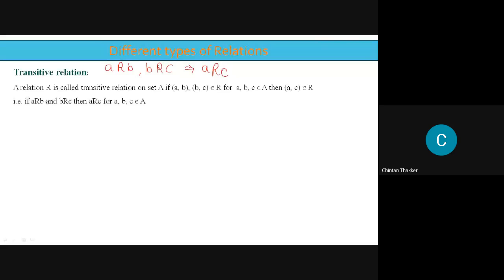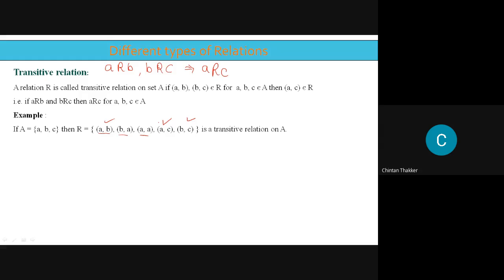So here we have our example: R equal to {(A,A), (A,B), (A,C), (B,C)}. So here see, we have (A,A) and (A,B), then (A,B) is there. We have (A,B) and (B,C), then (A,C) is also there.